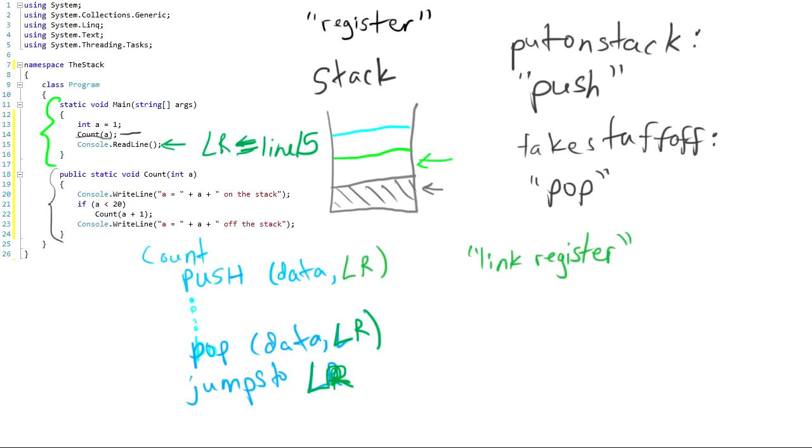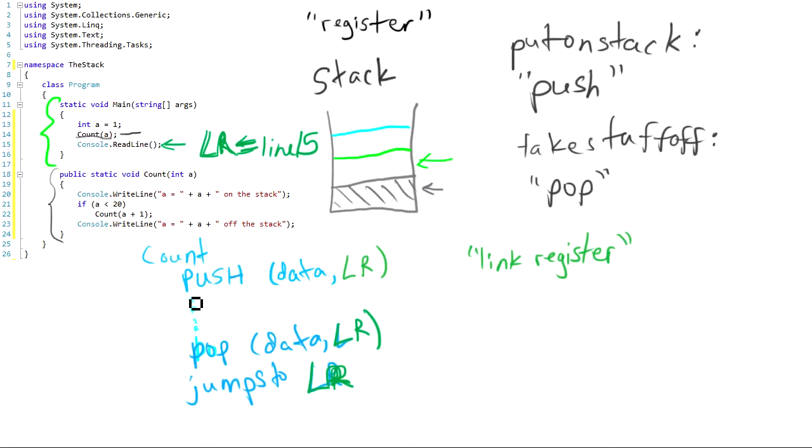This method will push it, and the reason you push the link register and any of the data you need is that if you call another method inside this method, you want to make sure that you sequentially save your data when it's important.